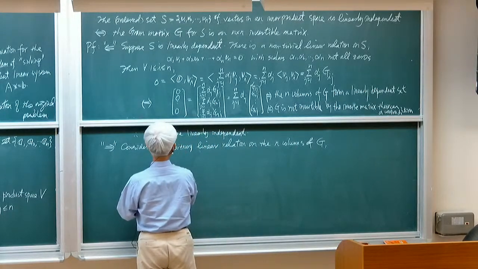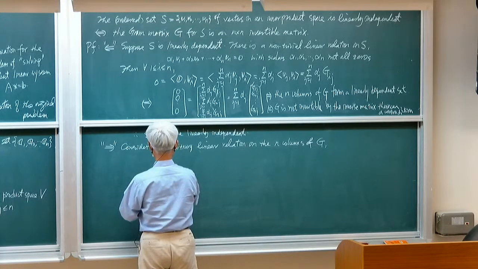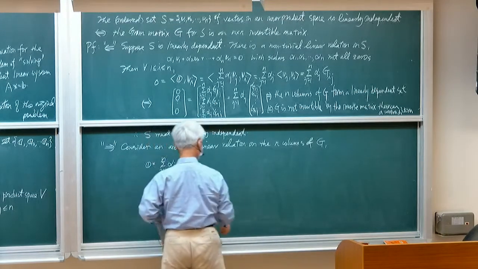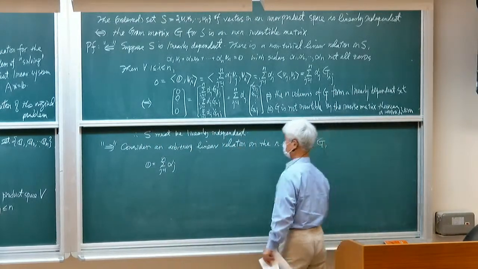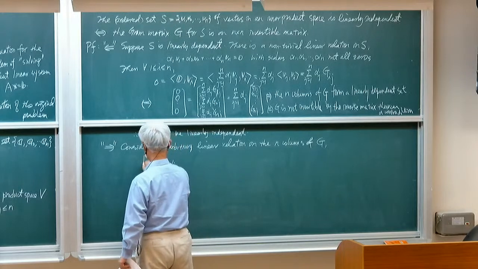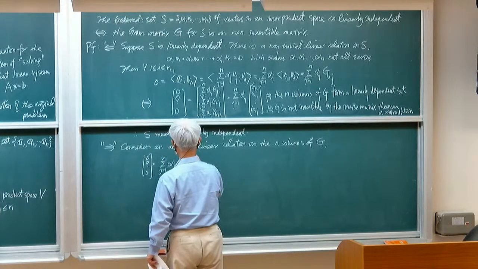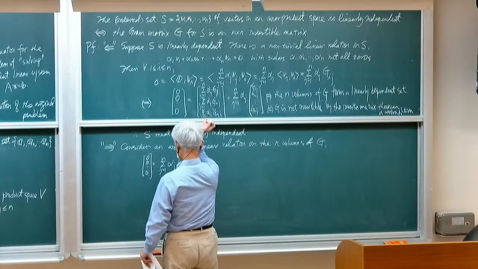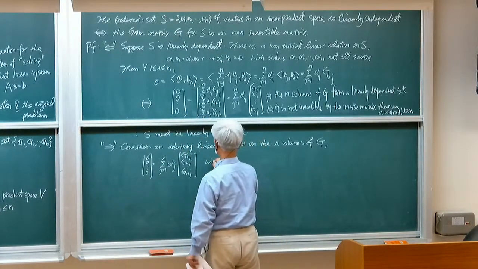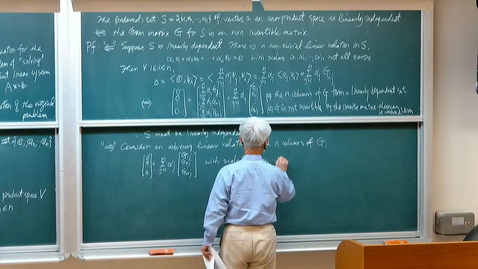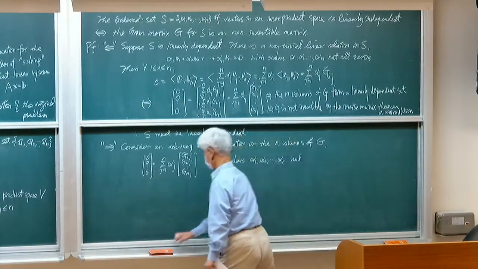So this is 0. We consider G1j, G2j, Gnj, with scalars alpha 1, alpha 2, up to alpha n.